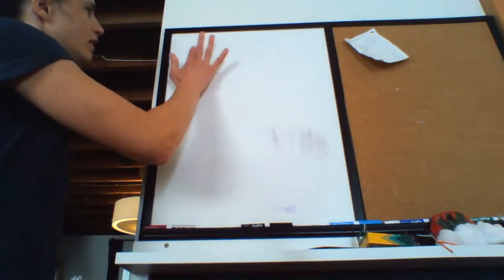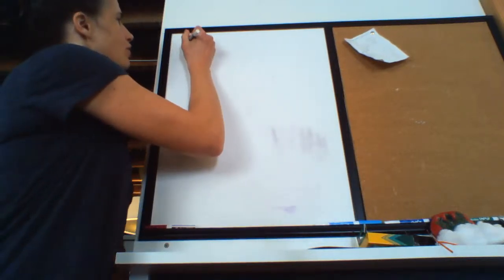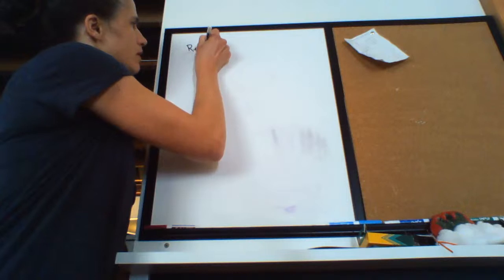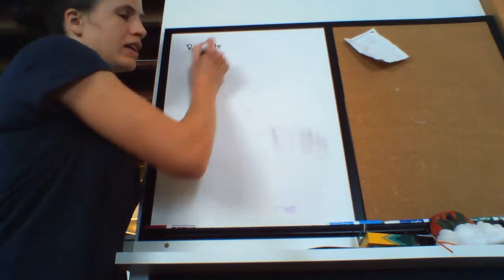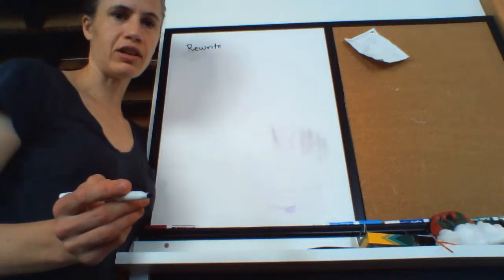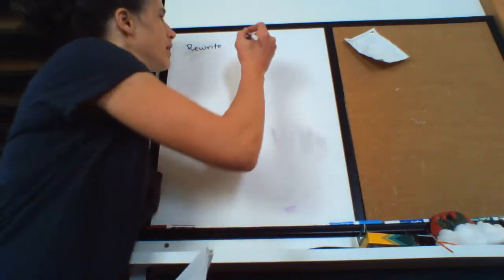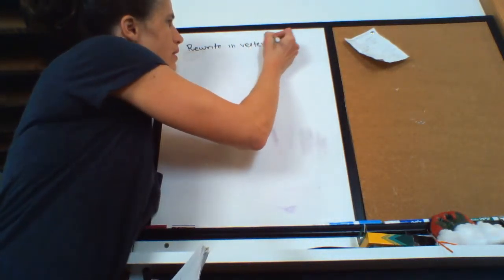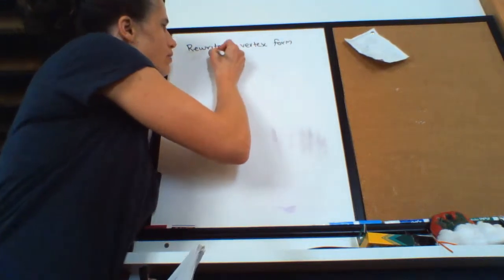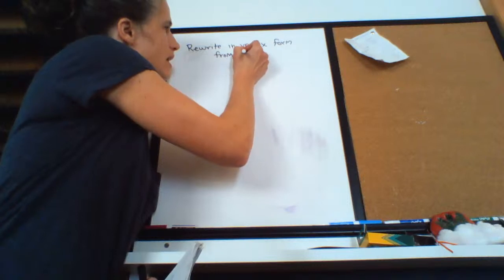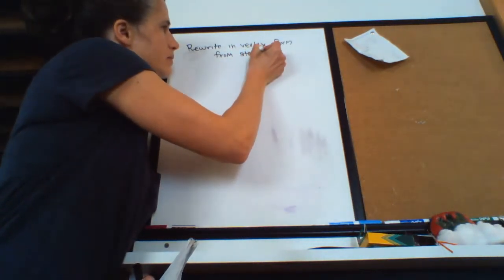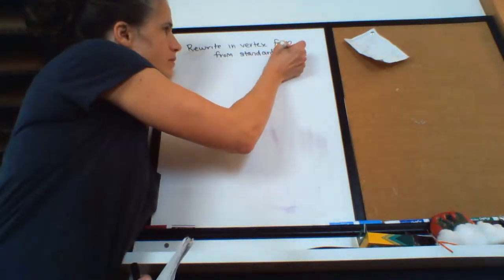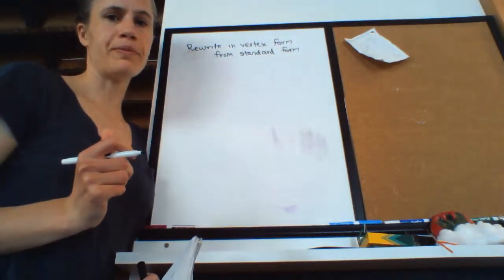In terms of what you could see on your test on Wednesday, you're going to have to rewrite in vertex form from standard form. That's one thing you're going to have to do.